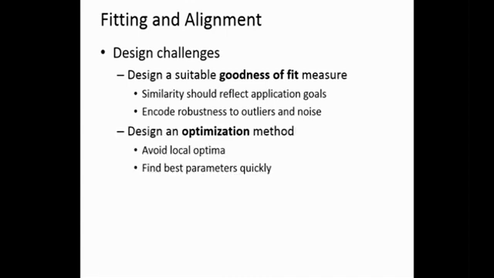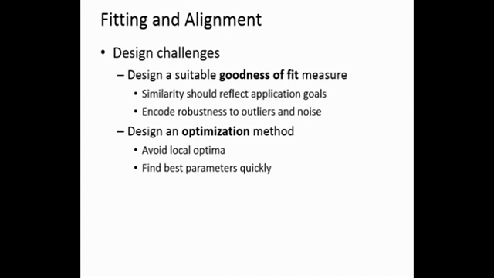Another key design challenge is designing the optimization method. Once you know what your model is and you know how to say whether your model is good, then you need to try to solve for the parameters of the model that maximize your goodness of fit. Sometimes it's pretty simple, like in least squares methods, and other times it requires some kind of more complex strategy, doing a grid search, doing beam search, doing some nonlinear optimization, and so on.